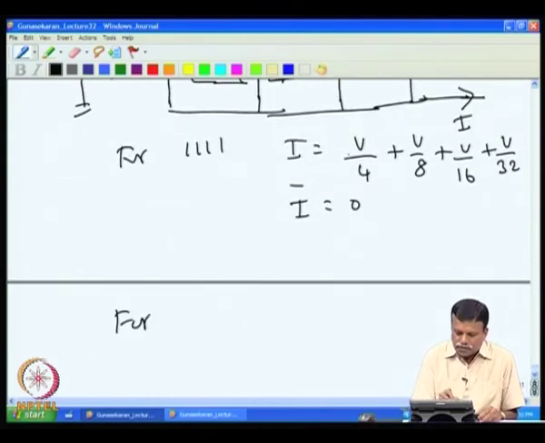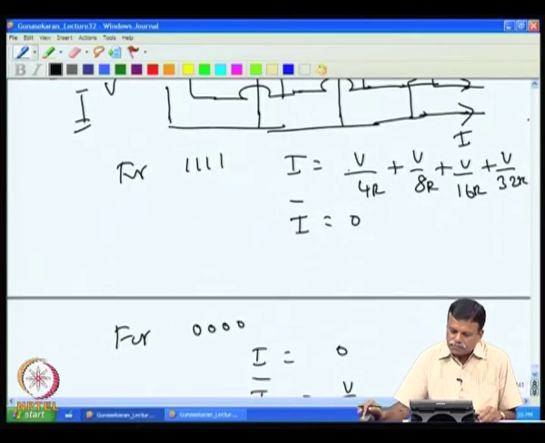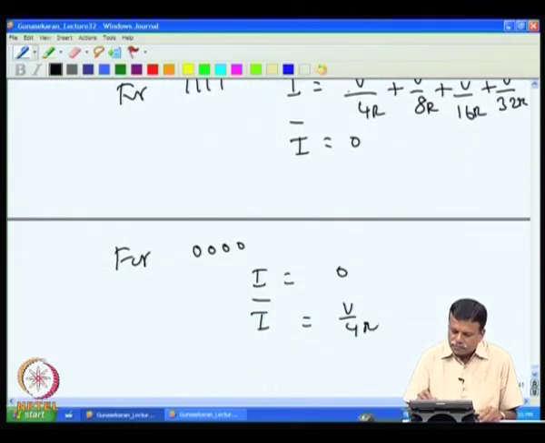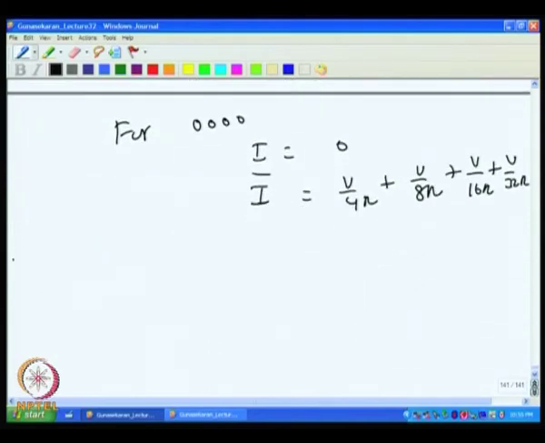For 0 0 0 0, I would be equal to 0 and I bar would be equal to V by 4R plus V by 8R plus V by 16R plus V by 32R. These two currents can be used correspondingly to convert the current into voltage.